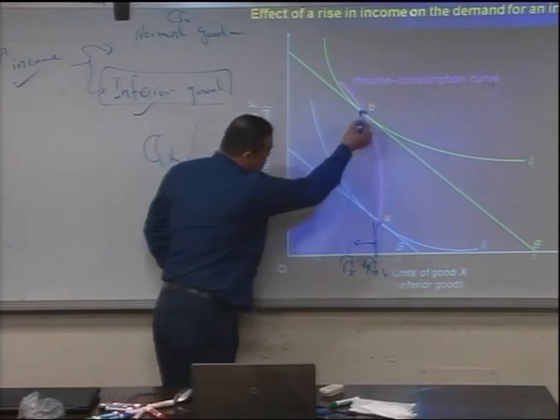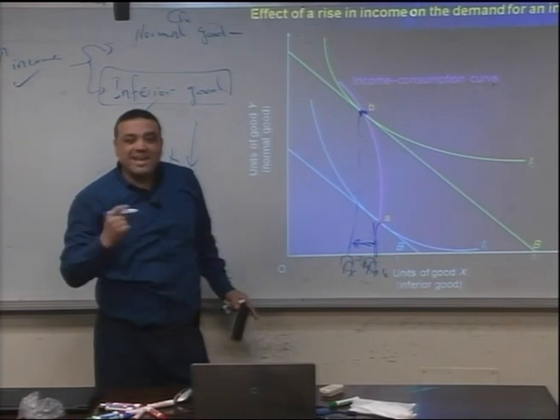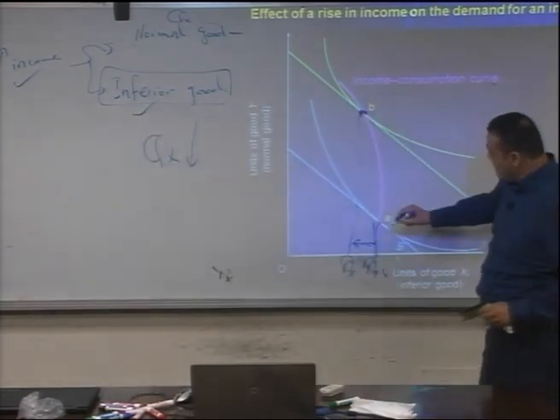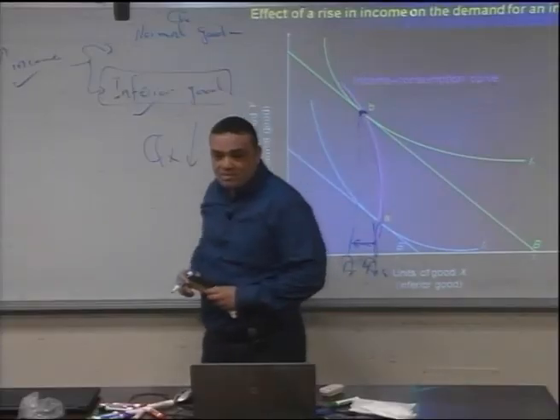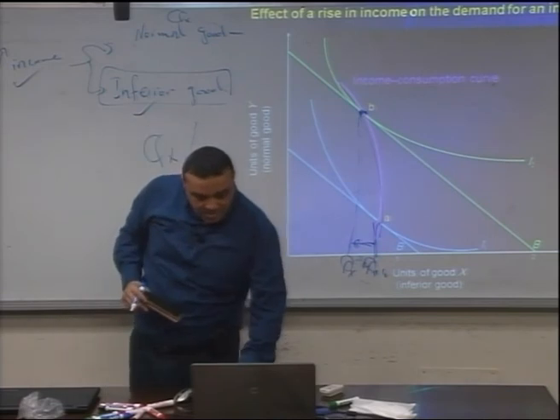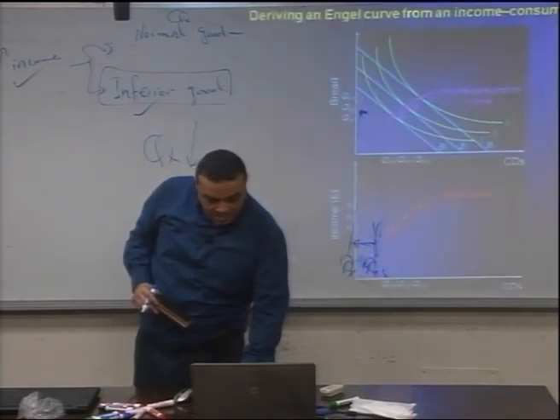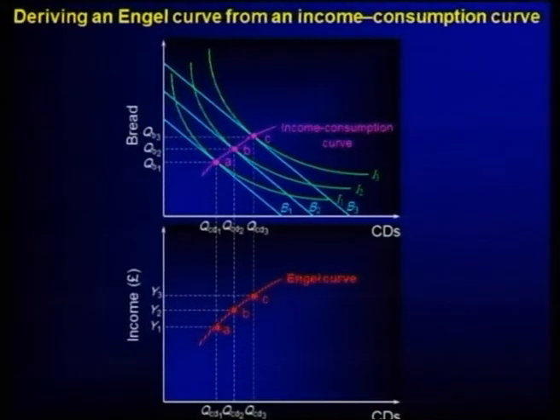Okay? So what do you see? The income consumption curve here has a negative slope. Before that, in the previous case, it has a positive slope, upward sloping.